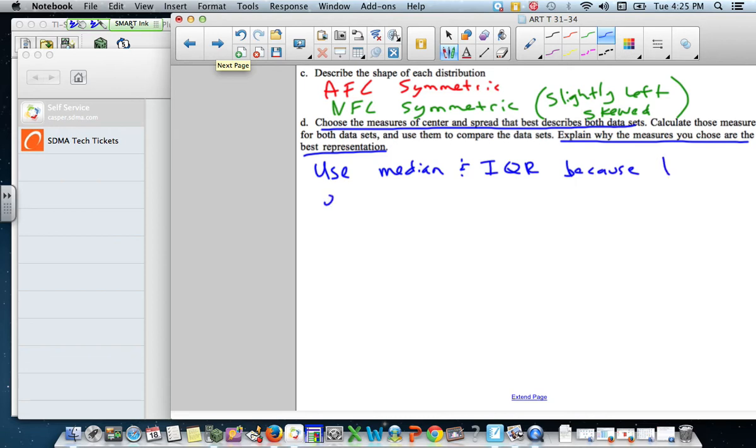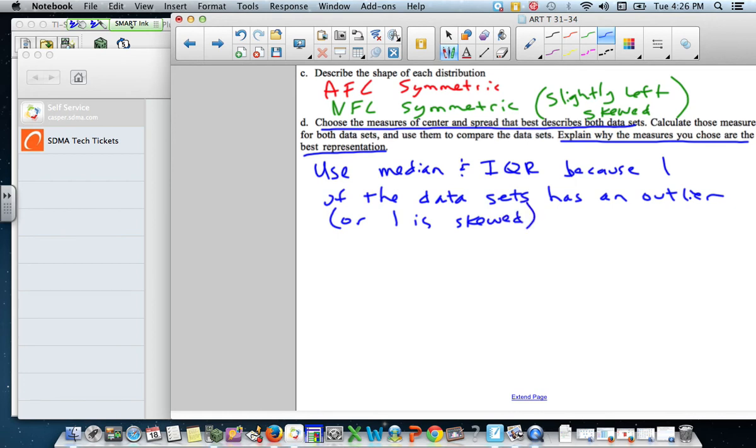Because one of the data sets has an outlier. Or you could say one is skewed as well. You can't use the median and IQR for the one with the outlier and the mean and the standard deviation for the other because you need to compare them in this problem. And when we make a comparison, we need to use the same measures to compare those.